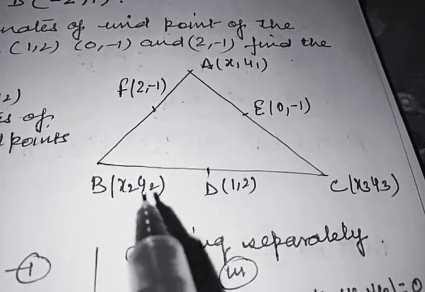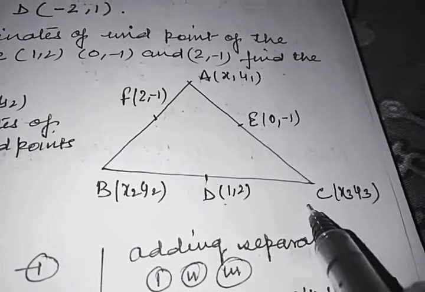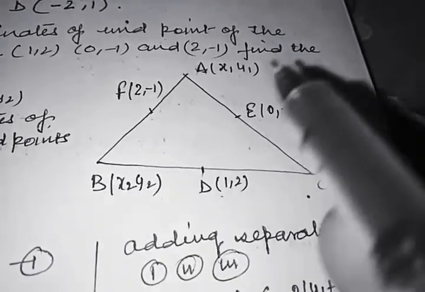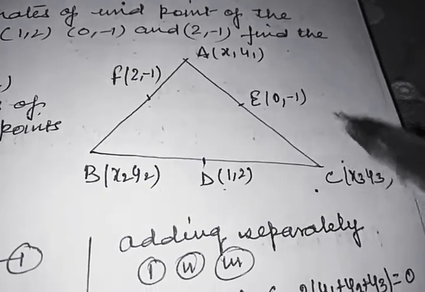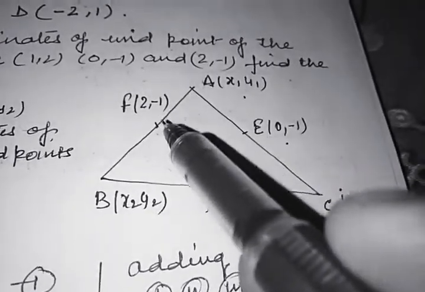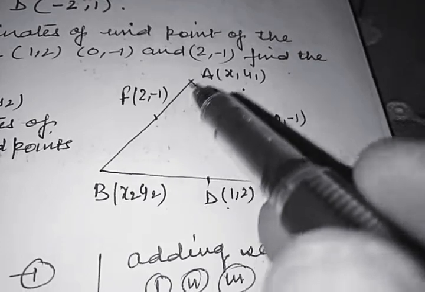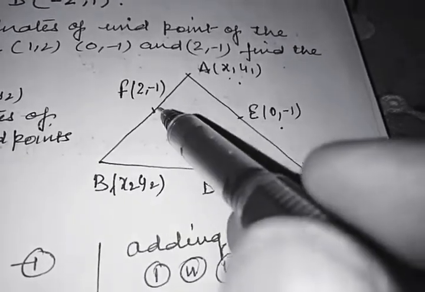So we'll get a relation between these three terms. Similarly, E is the midpoint of AC, so we'll get a relation between these. Similarly, F is the midpoint of AB, so we'll get a relation between these. So all the relations we are going to find out.